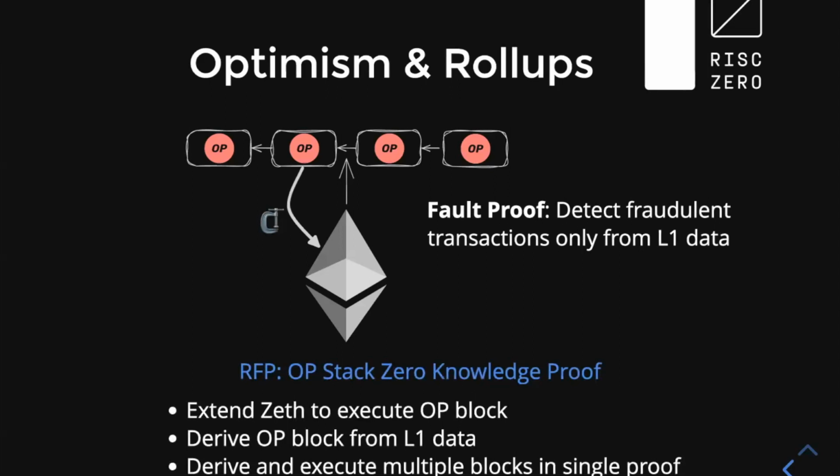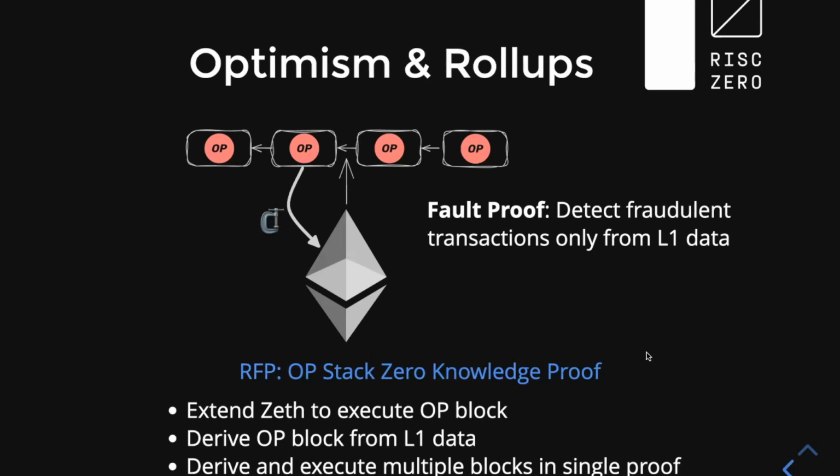Without going into any more detail, Optimism is an optimistic rollup, but they have plans in the midterm to go towards a zero-knowledge rollup, which has certain advantages. So they opened this RFP, which is supposed to explore how their stack could be zk'ified. And RISC Zero was one of the projects that was selected as a winner in this RFP.